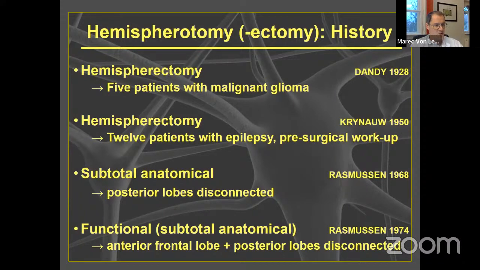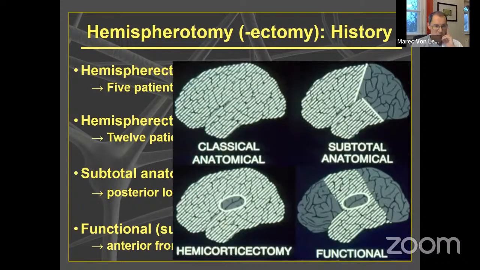So first subtotal anatomical, and then this approach, subtotal anatomical functional hemispherectomy, with large parts being disconnected and smaller parts being resected. Here we have some sketch about the procedure.